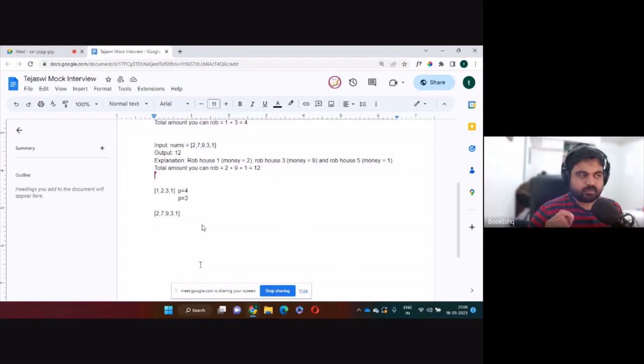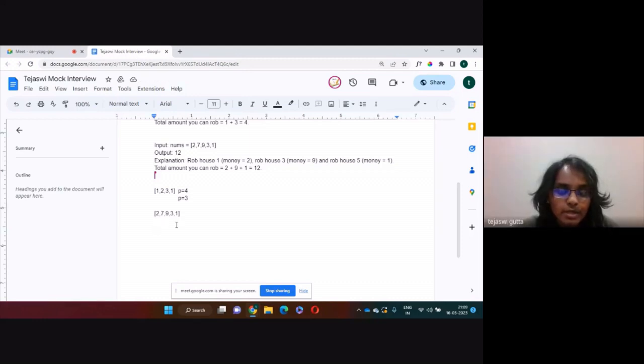Yes. So say you are at the first index, at the value 2. What would your recursive function receive? Are you going to rob that first house or not? Yeah, there'll be two cases where I'll be robbing and then not robbing.